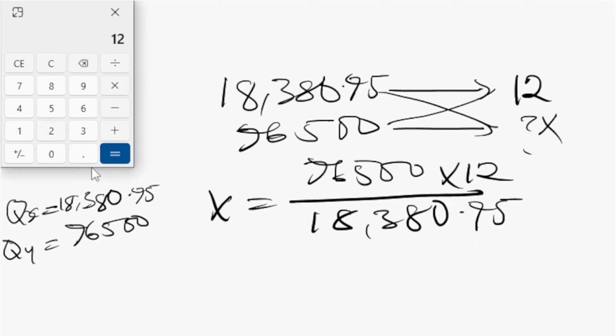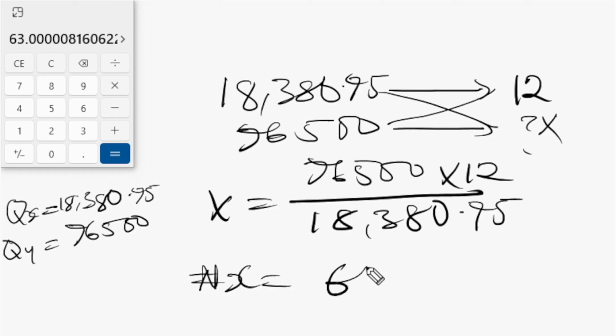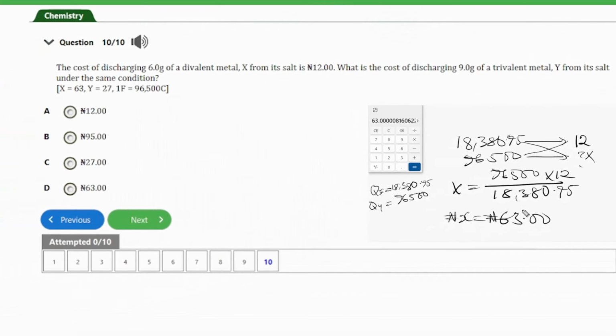This times 12, now divided by 18,380.95. So this will be 63. So it means that X naira is 63 naira. So this will be the amount that will be required to discharge 9 grams of the trivalent metal Y. So that's it for this question.